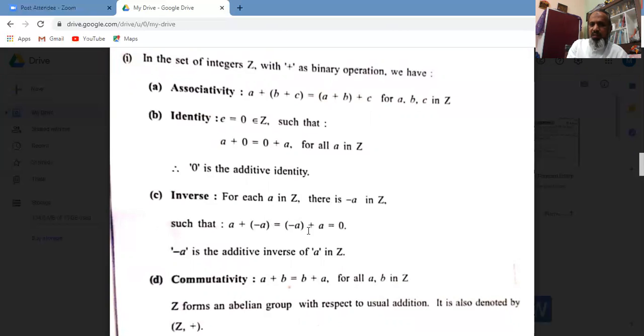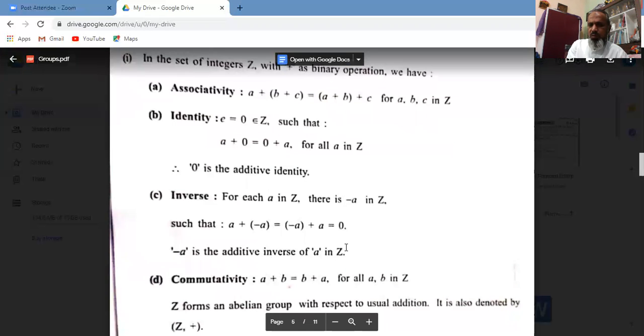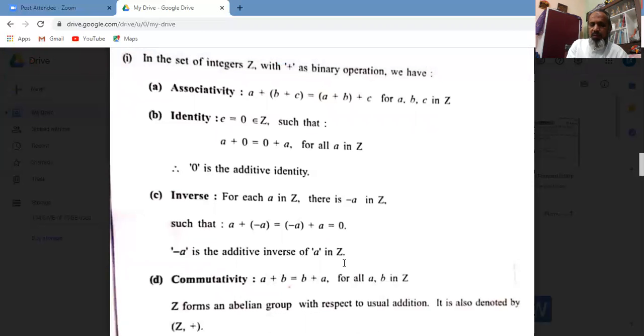So here minus A is the additive inverse of A, or A is the additive inverse of minus A. So both are the inverses of each other. So minus A is the additive inverse of A in the set of integers.